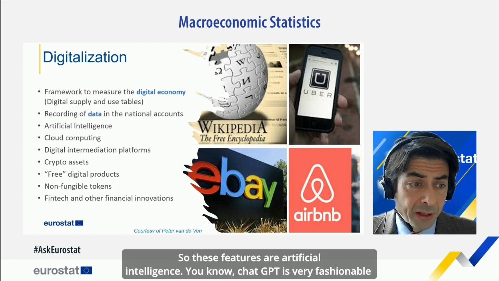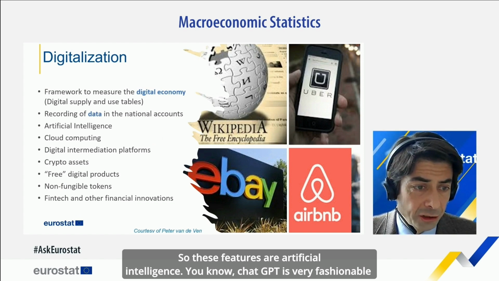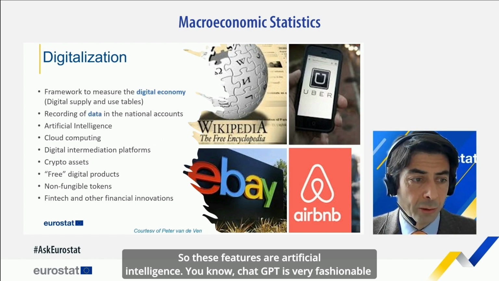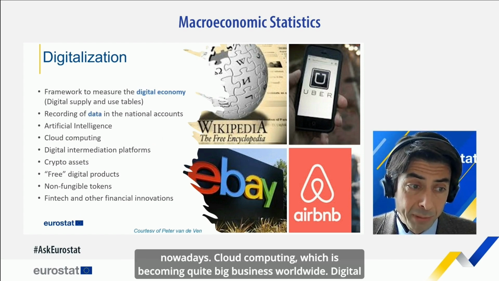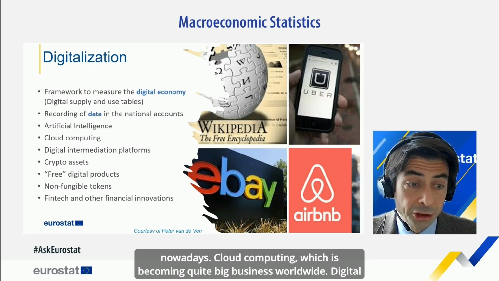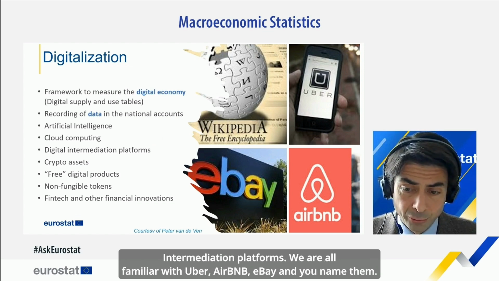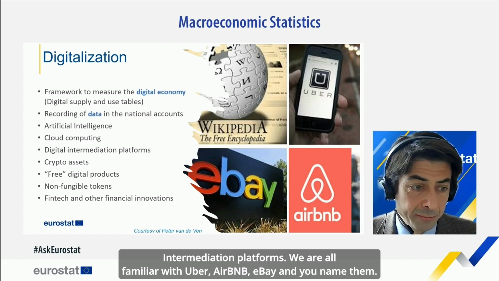So these features are artificial intelligence. You know, ChatGPT is very fashionable nowadays. Cloud computing, which is becoming a quite big business worldwide. Digital intermediation platforms. We are all familiar with Uber, Airbnb, eBay, and you name them.